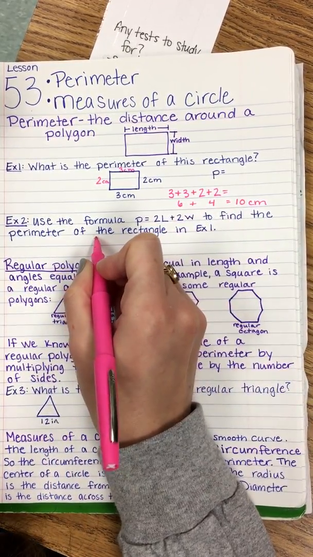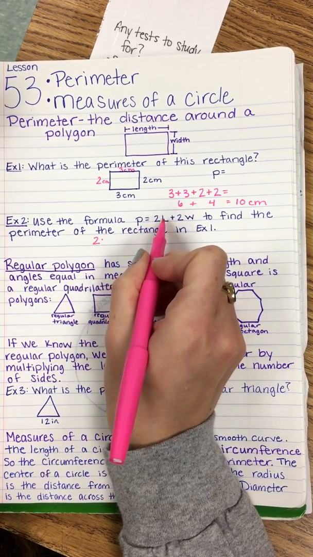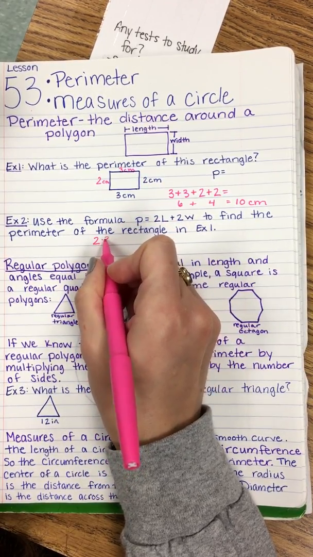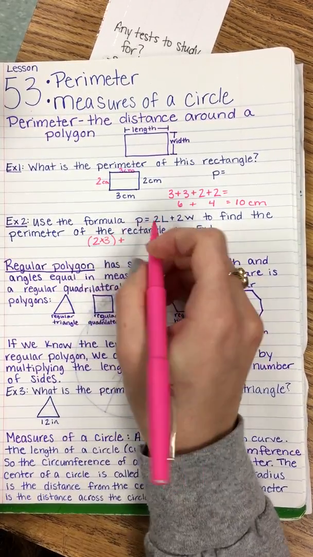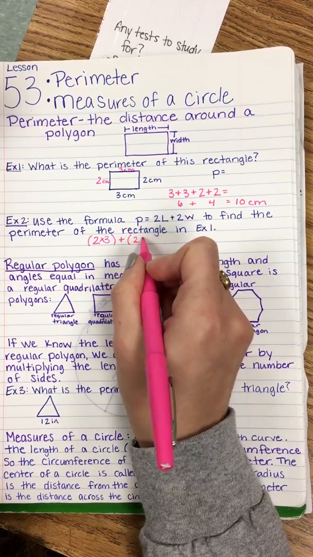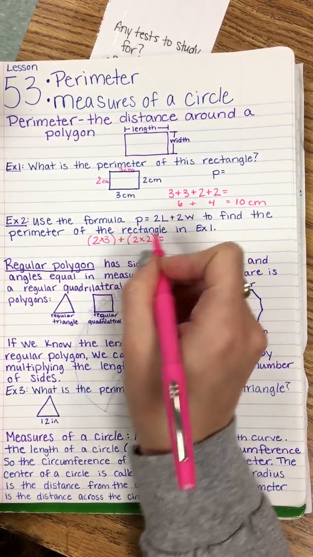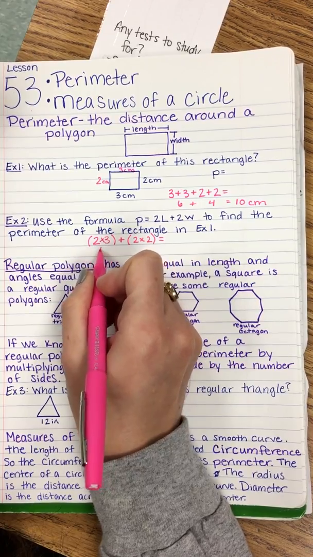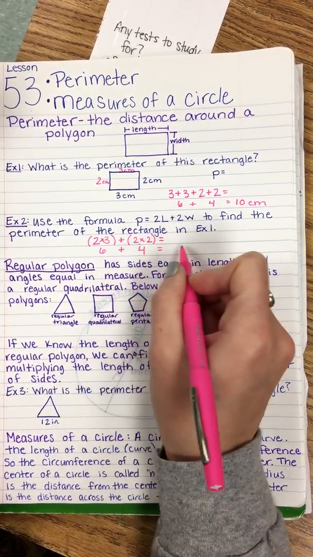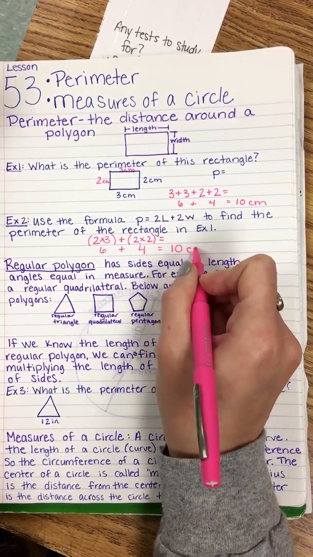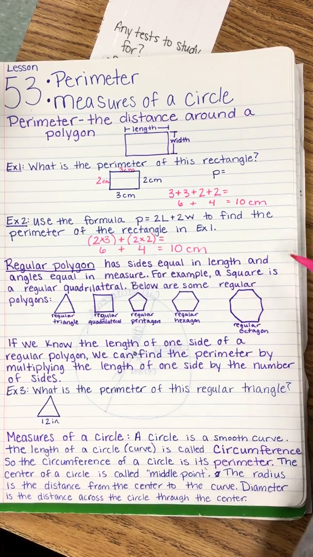So if we did 2 times the length, which is 3, 2 times 3 plus 2 times the width, which is 2, equals 3 times 2 is 6 plus 2 times 2 is 4. That equals 10 centimeters. Voila, we've got the same answer.